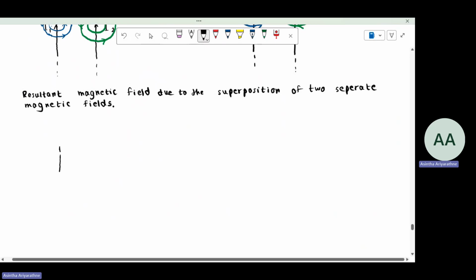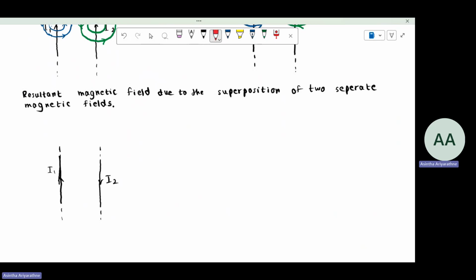Let's again draw the two wires, I1 and I2. The resultant magnetic field would be like this.